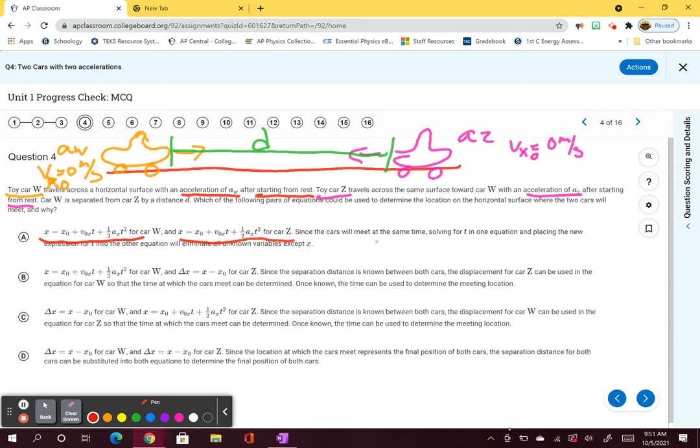Since the cars will meet at the same time, which, yep, solving for t in one equation and placing the new expression for t in the other equation will eliminate all unknown variables except for x.